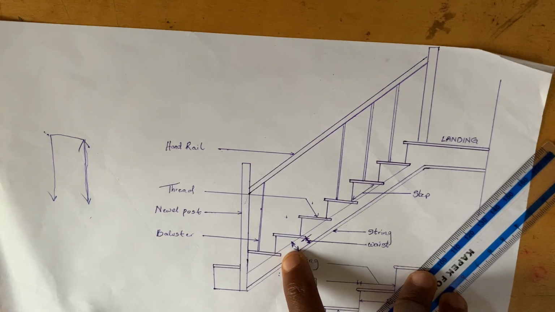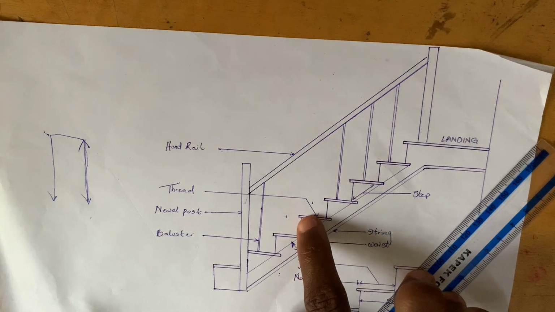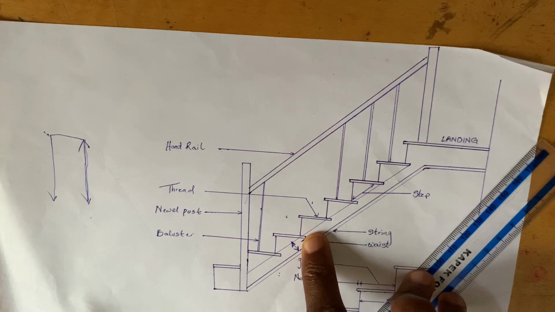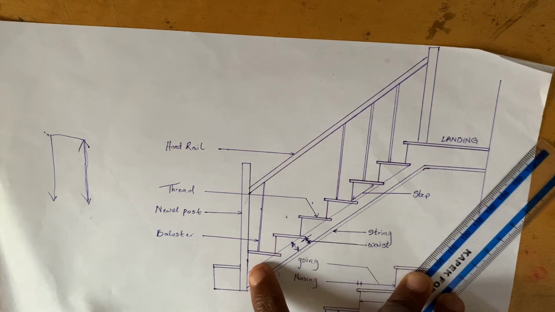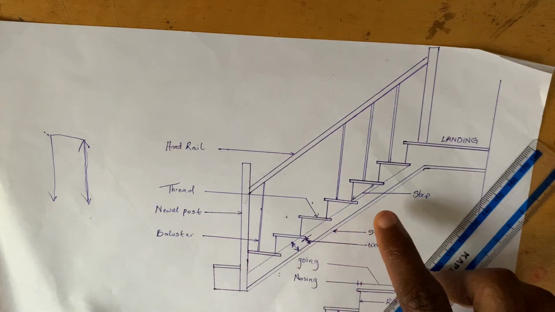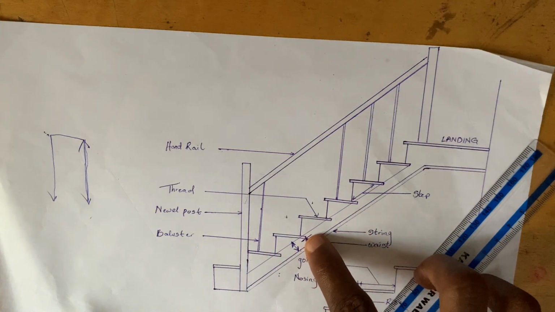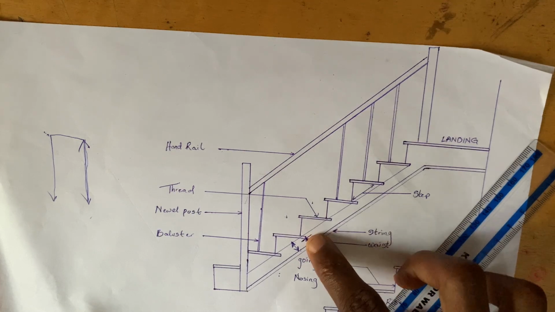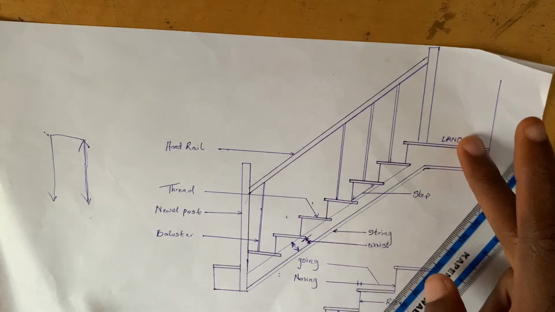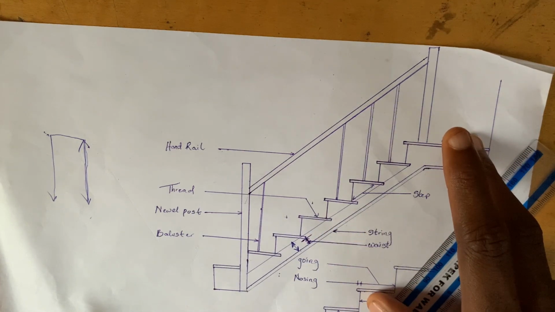It helps to give extra strength and support to the step. It is on this waist that the step will be connected. So you need to understand that. We've talked about our tread, our riser, the step, the waist, and also our landing.